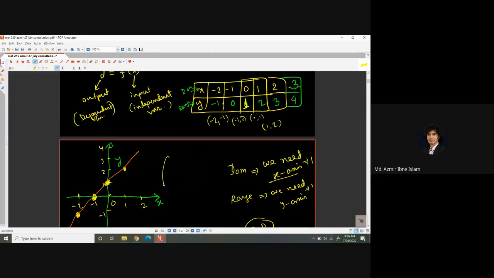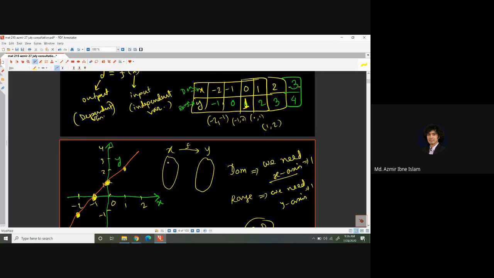You are familiar with this set notation. This is x, this is y, and we are inputting x, we are getting y. So there is a mapping where f maps x to y.